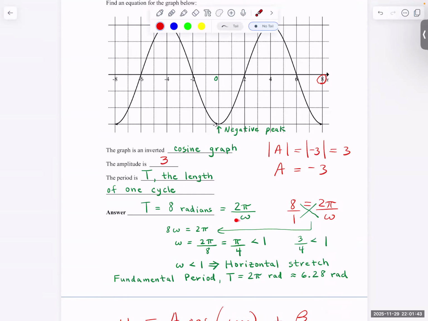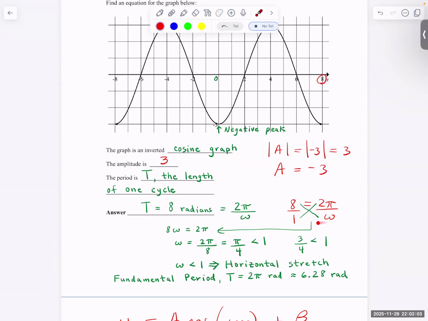And by the formula, period T is the fundamental period of 2 pi divided by omega. We'll substitute 8 for T. 2 pi is just the constant, and omega is the variable we're solving for.